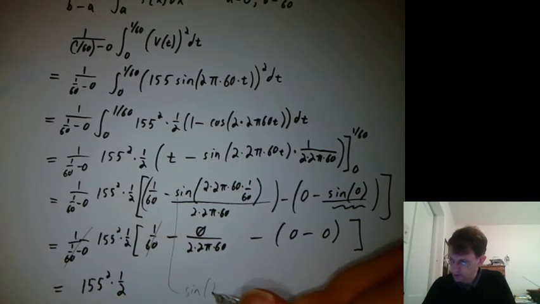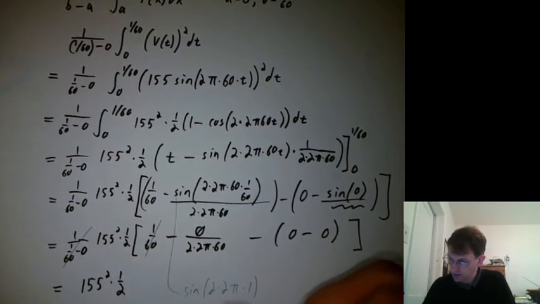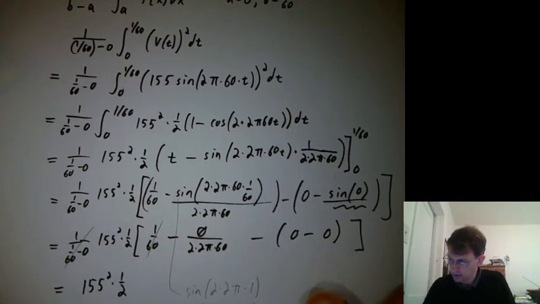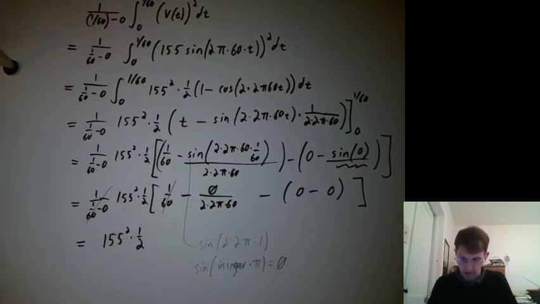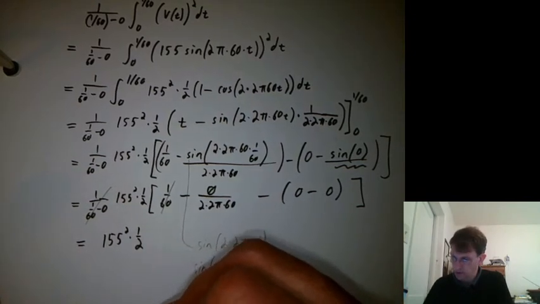So this is sine of 2 times 2 pi times 1. Sine of any integer times pi is 0. All right, so overall, our average squared voltage is 155 squared over 2. So let's write that down.